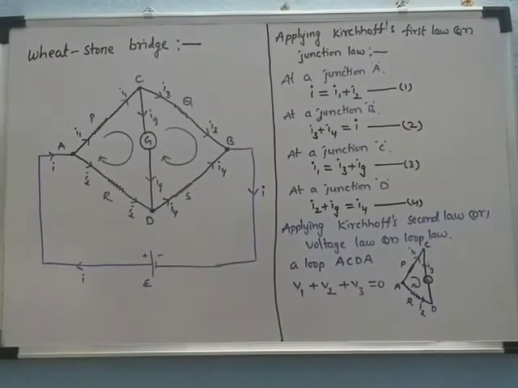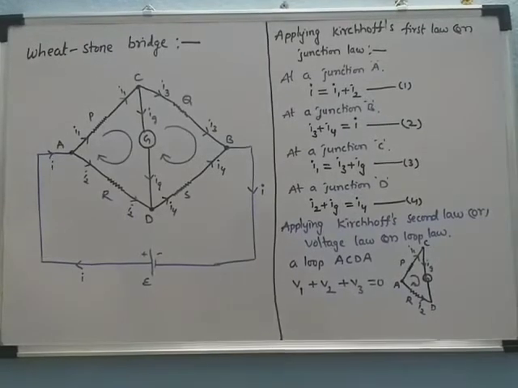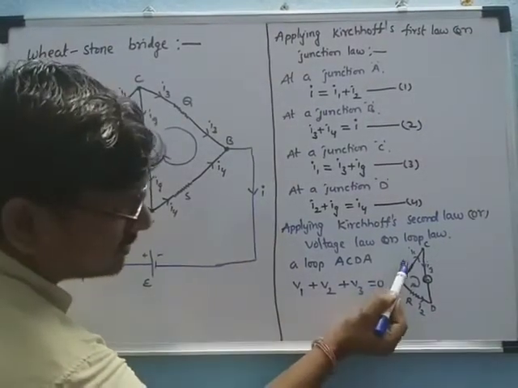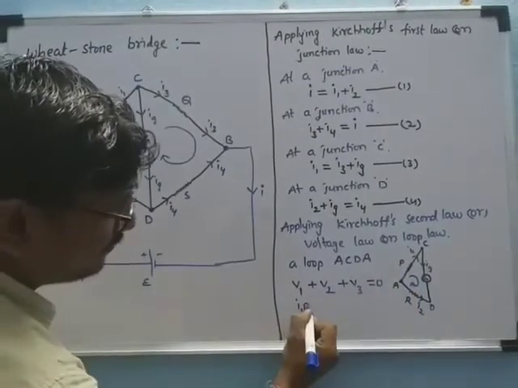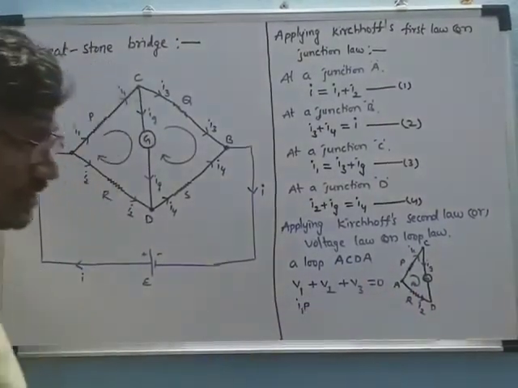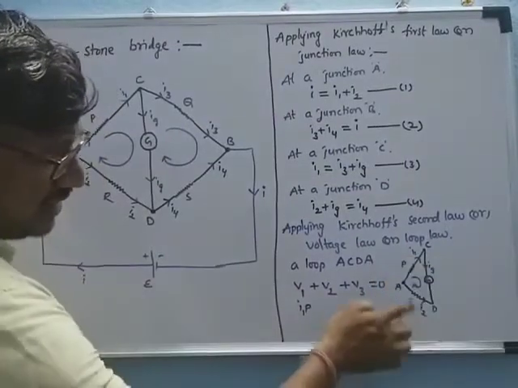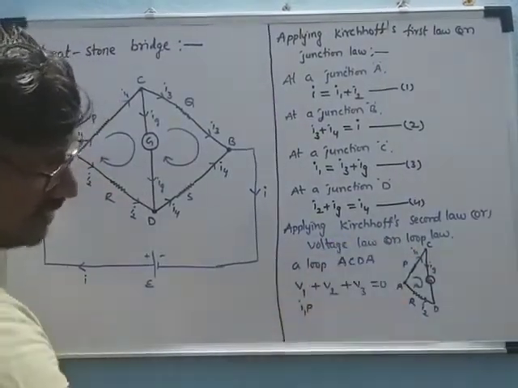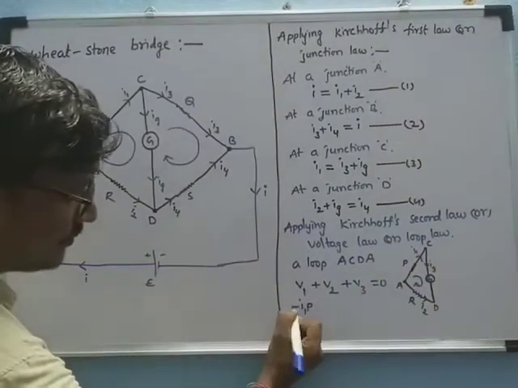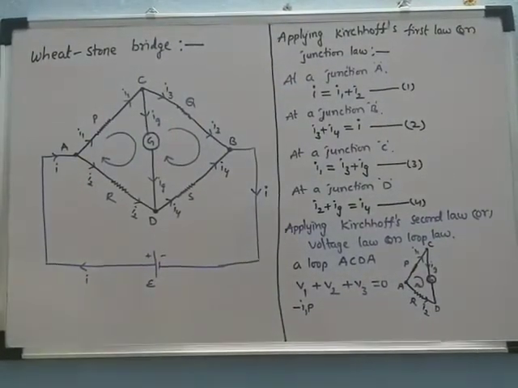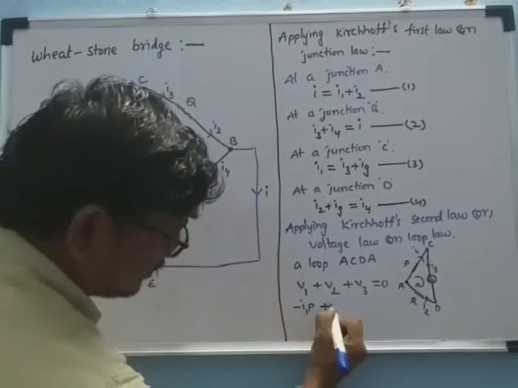Again applying Ohm's law, V is equal to I into R. The current is I1, and the resistance is P. But observing the loop, it is taken in a clockwise direction, starting from point A in the clockwise direction. The current is also in the same direction. That means we take it as negative, minus I1 P. And next, plus V2.